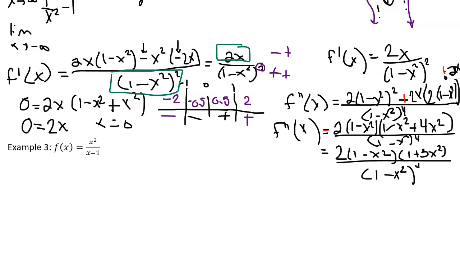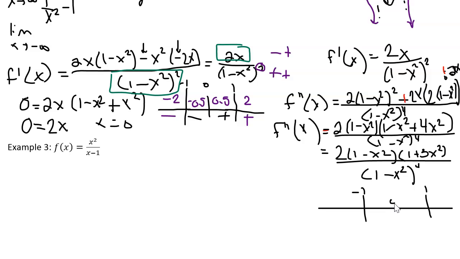So inflection points. We have critical values at 1 and -1 because those values will make the denominator equal to 0. And then the numerator is going to be equal to 0 also at 1 and -1. And then this one over here cannot be equal to 0 because you have a positive plus a positive. So -1 and 1 are the only potential critical values.